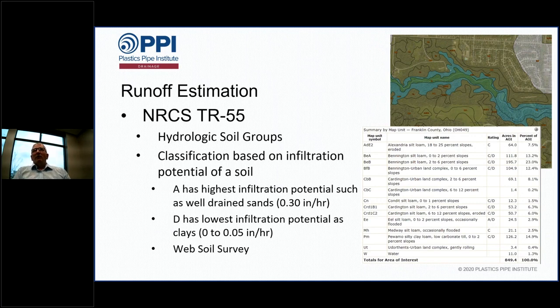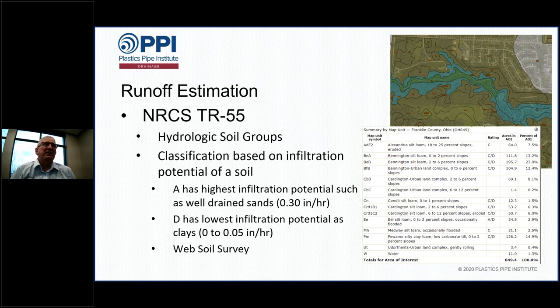So when we talk about TR55, the first thing we have to talk about is our soil groups, and they're called hydrologic soil groups. And it's a classification system based on the infiltration potential of a soil. And they're A through D, where A has the highest infiltration potential, sands, things like that, and D is the worst, such as clays. A nifty tool out on the web is called the Web Soil Survey.